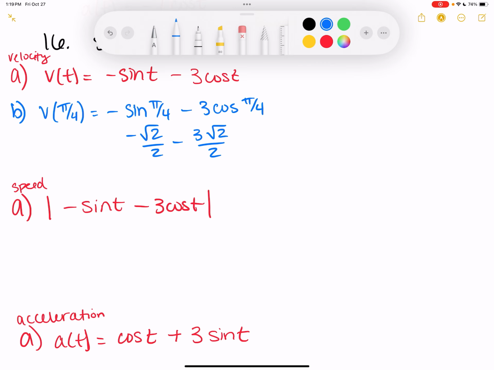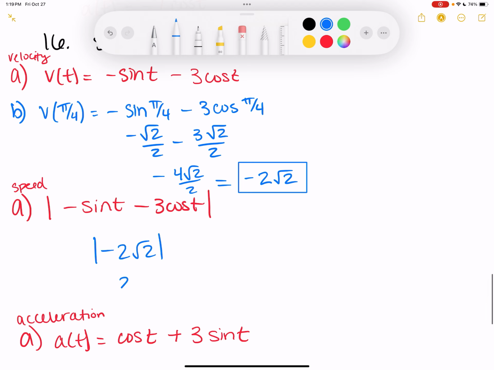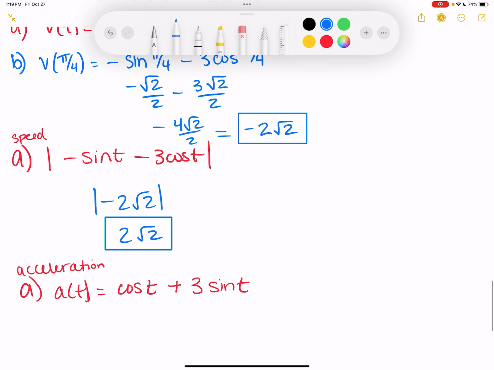So this is going to be negative 4 root 2 over 2, also known as negative 2 root 2. So that's the velocity at pi over 4, which means the speed is going to be what? Positive. Yep, so the absolute value of negative 2 root 2, which is 2 root 2. So you don't even need to plug it in for that once you've already found velocity.